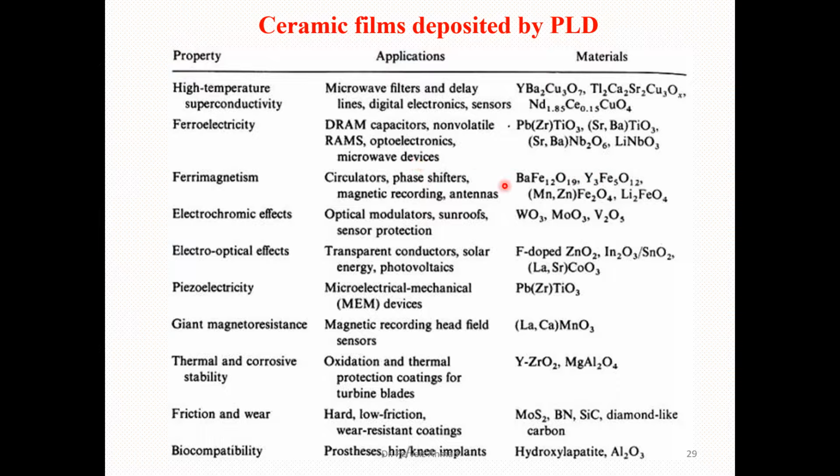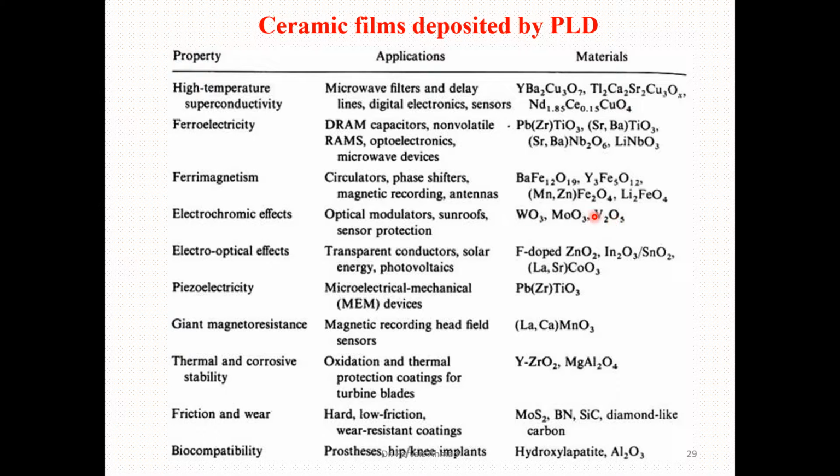Then we have these ceramics, which are basically ferromagnetic in nature, and they can be utilized in circulators, phase shifters, magnetic recordings, and antennas. Then we have ceramics with the electrochromic effect.